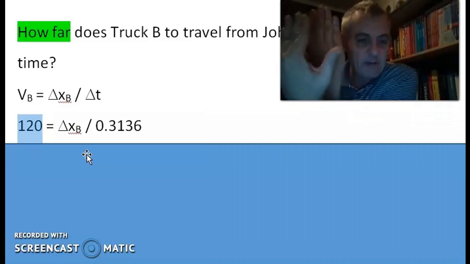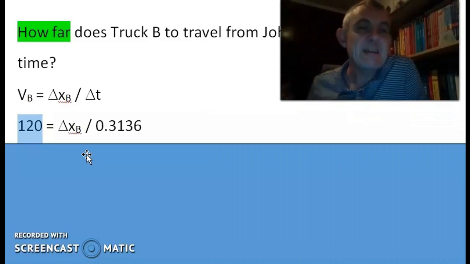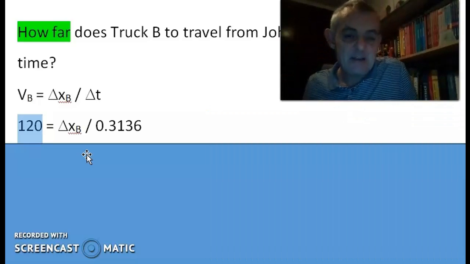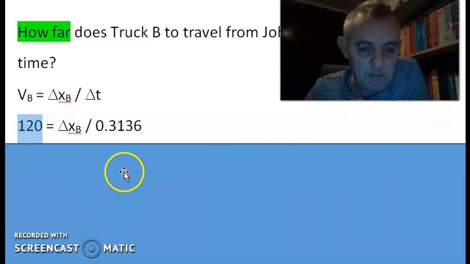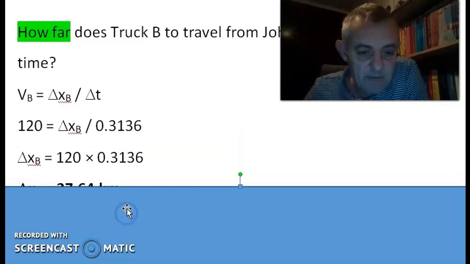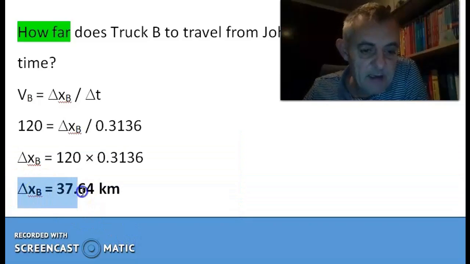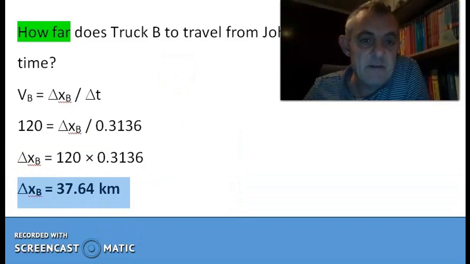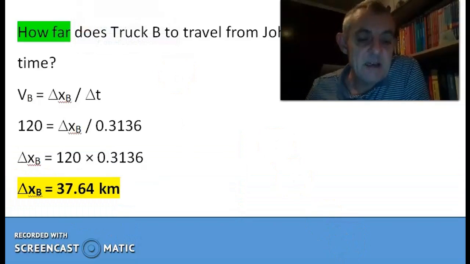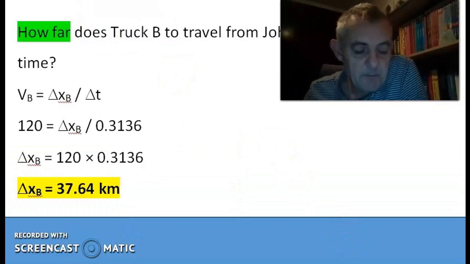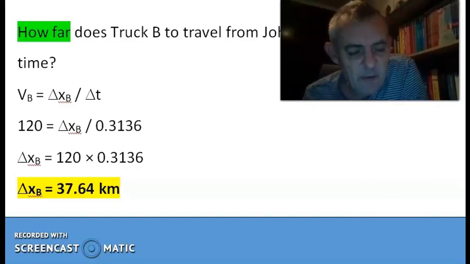So the time for them to reach the same point is equal from either end. So they meet at the same point in time. Okay, so rearranging that formula, I then find that the distance is 37.64 kilometers.